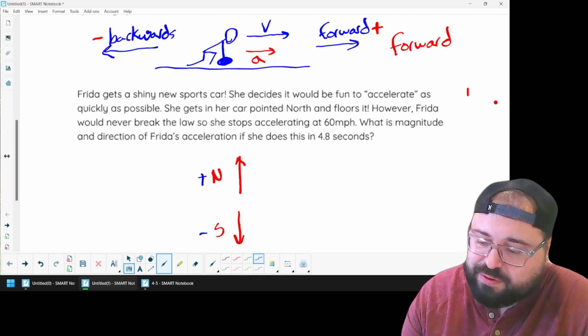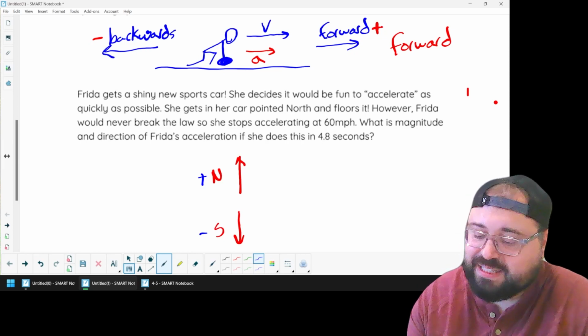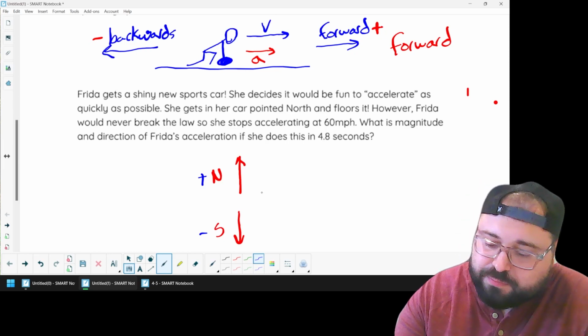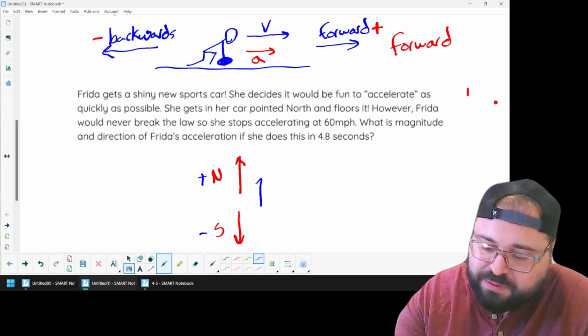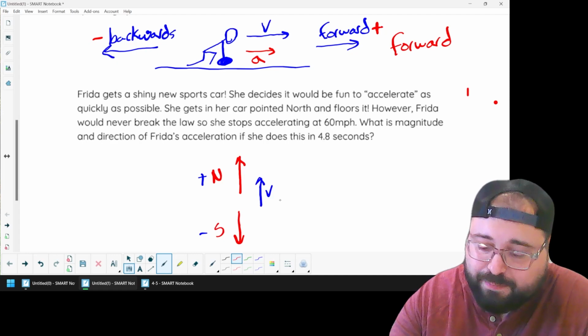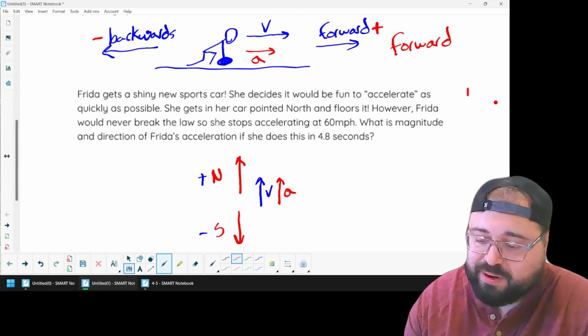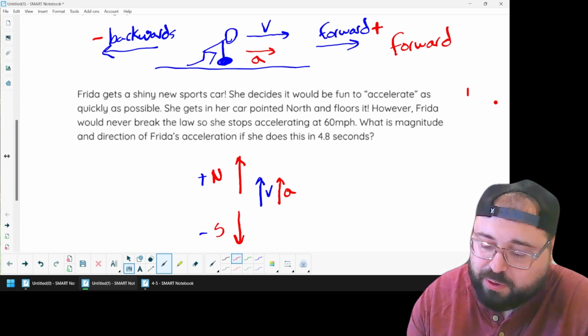What is the magnitude and direction of Frida's acceleration if she does this in 4.8 seconds? So Frida is moving north. She's driving north the entire time, but she's speeding up. So that means she's being pushed forward towards the north as well. So we know our acceleration is going to be forward.